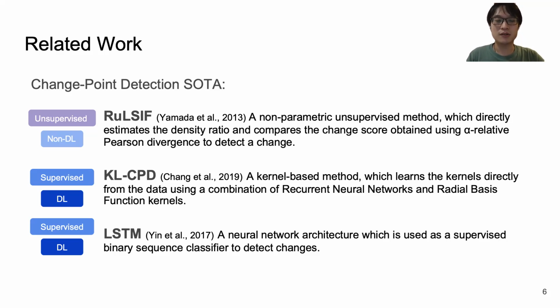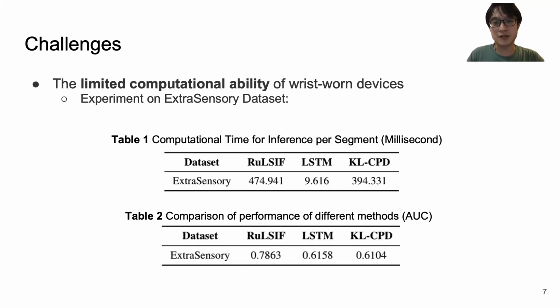We found that all these SOTA cannot work well for human activity change point detection on wrist-worn devices because of two challenges. The first challenge is that the limited computational ability of wrist-worn devices requires that the algorithm run on the wrist-worn devices should be efficient and also effective.